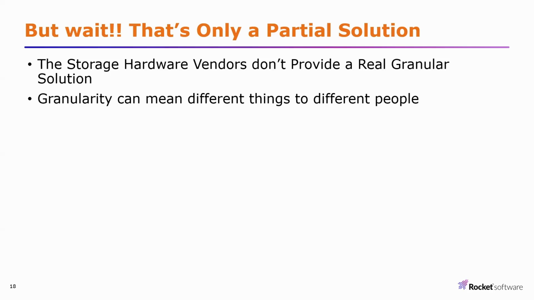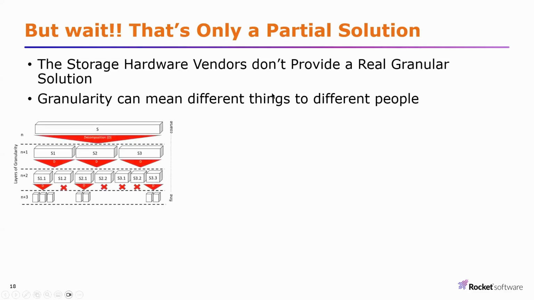And that level of granularity can mean different things to different people. If we look at the top, maybe that's a volume, right? And then you have layers of granularity underneath that, down into data sets, maybe down into individual records, of course. It really, again, is what level of granularity do you need?